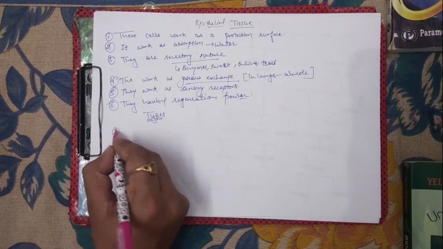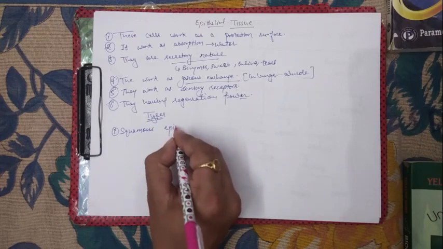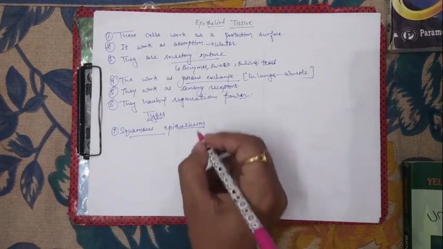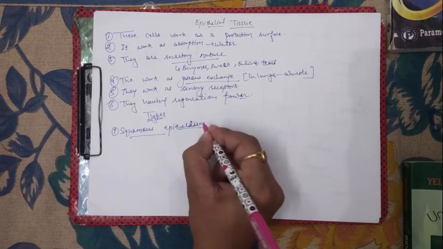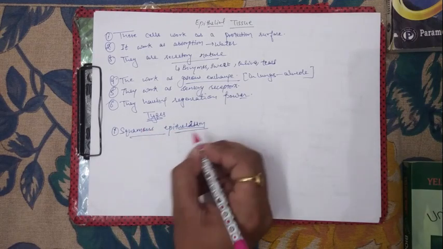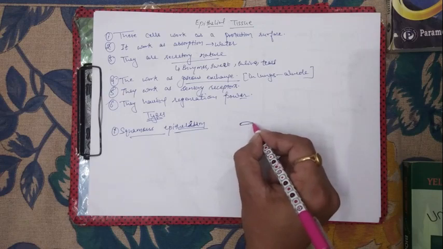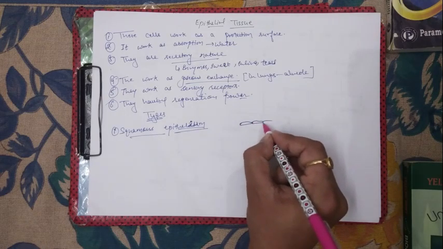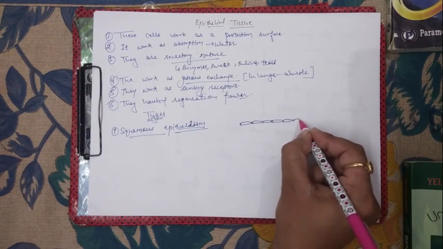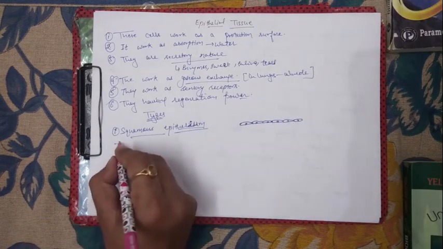First, squamous epithelium. Squamous epithelium means they have squamous, flattened cells. They are flat cells.